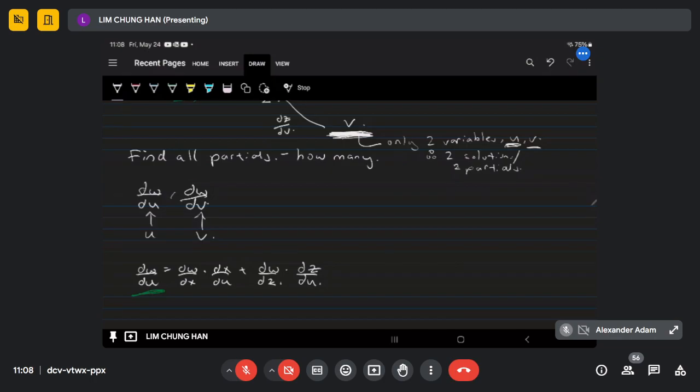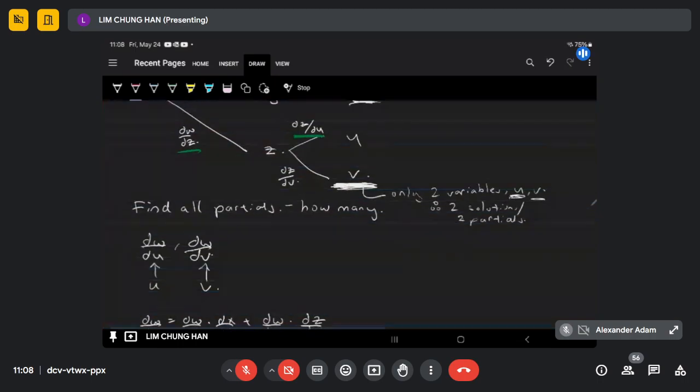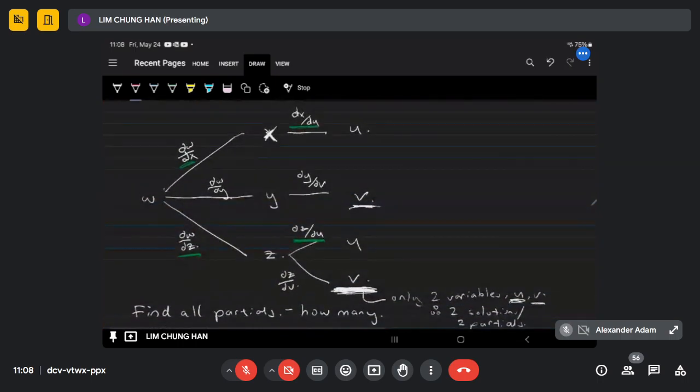To get dw dv, I'm going to use red color. So where does v exist? There's a v here, and there's another v here. So you need this, you need this.